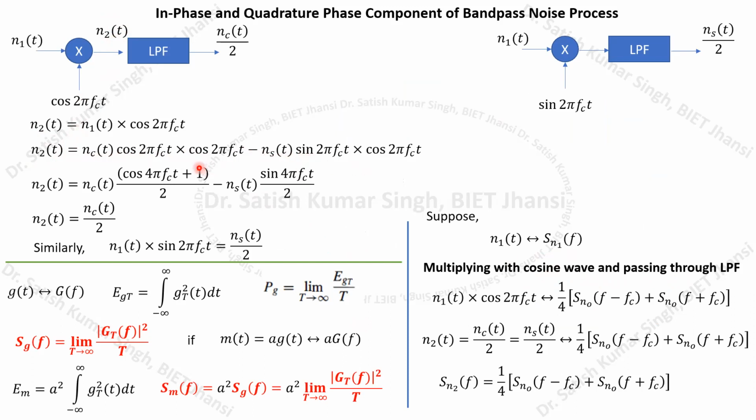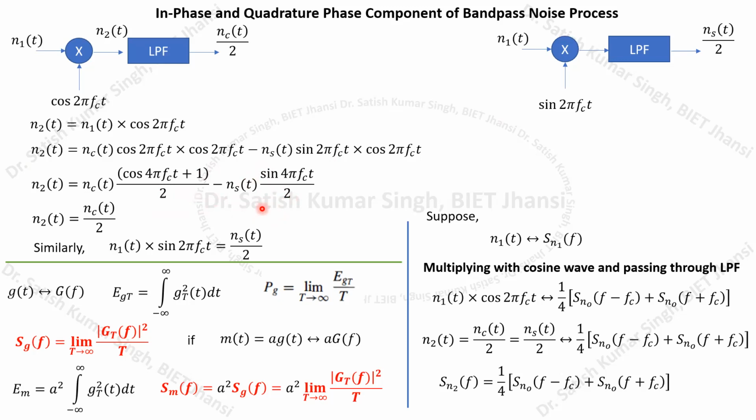If we multiply with cos 2πfct, we get n2(t) equals nc(t) multiplied by (cos 4πfct + 1) divided by 2, minus ns(t) sin 4πfct divided by 2. Please try to get this particular expression.